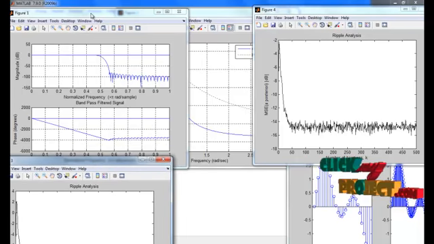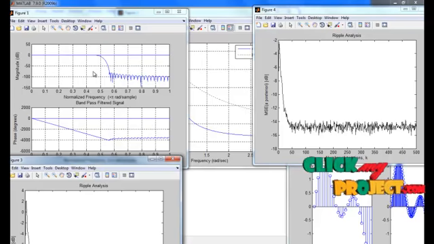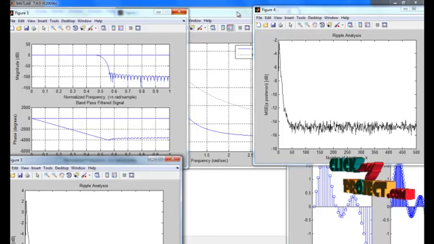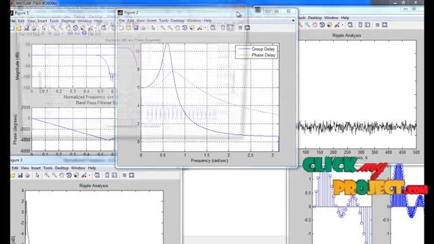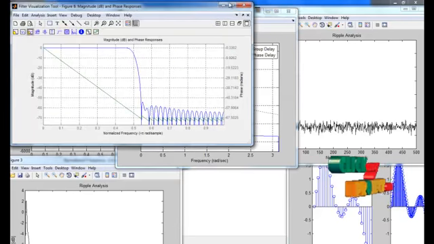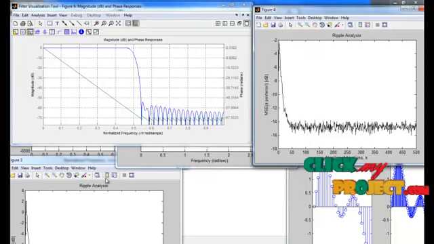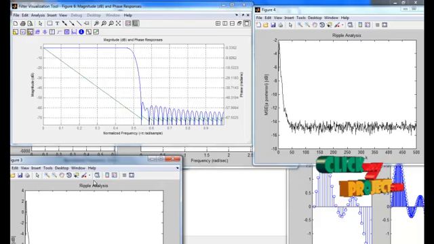Later, in figure 2 we will be calculating our delay, and in figure 3 we will be calculating our ripple analysis, which is followed by figure 4.